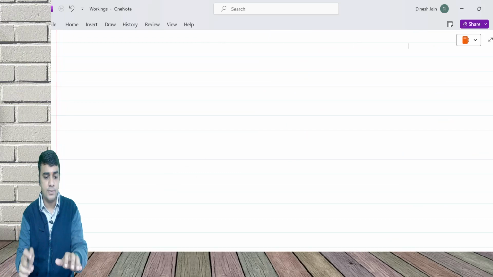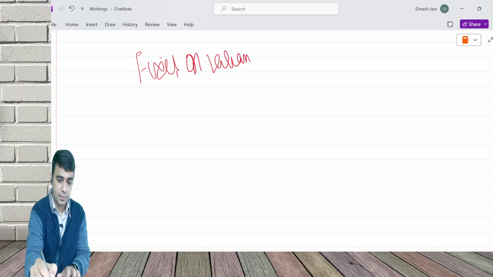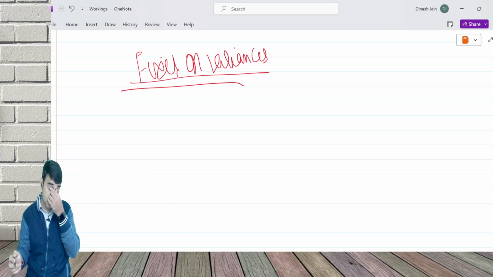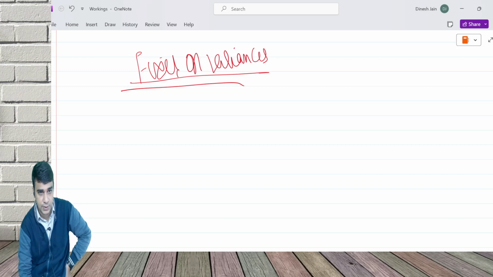Okay, now comes the fixed overhead variances. This alone is a challenging variance. Reason is, in a practical world, fixed overhead variances can lead to a lot of challenges for an organization. For example, Bharadwaj Institute estimated that we'll get 40 students for a batch.